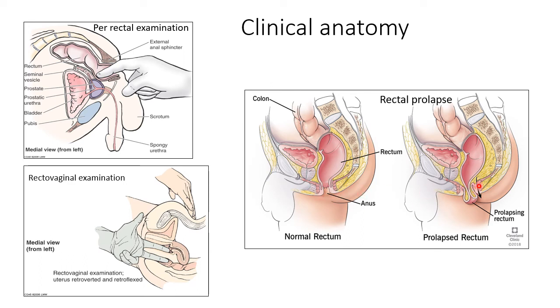In some cases, because of the weakness of the levator ani or sphincters, part of the rectum can bulge out of the anus, and this case is called rectal prolapse. So part of the rectum can come out of the anal canal. This can be treated surgically, just to restore it back to the normal condition.